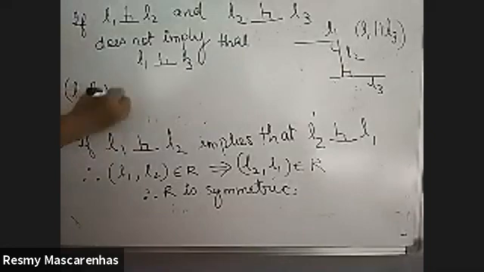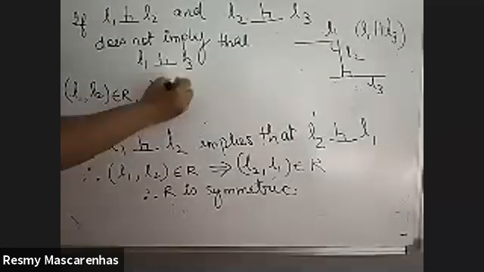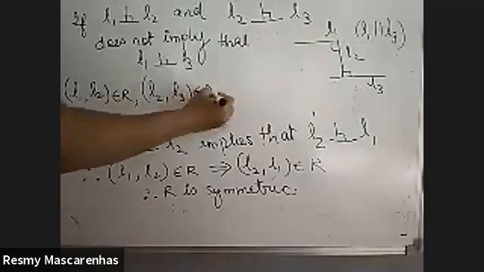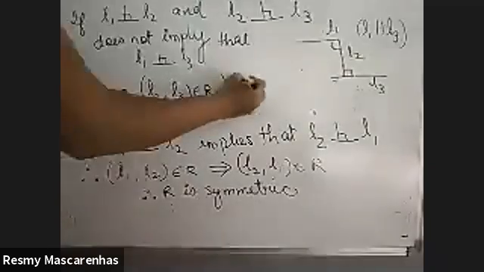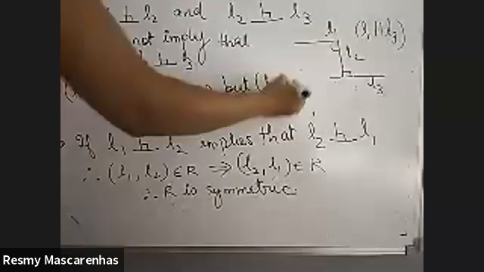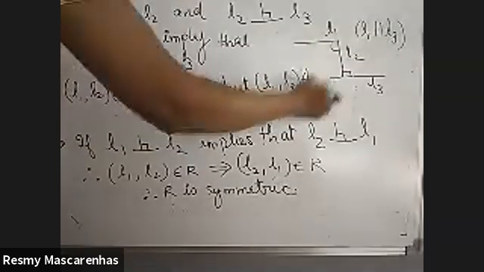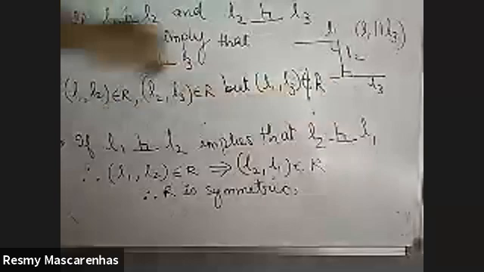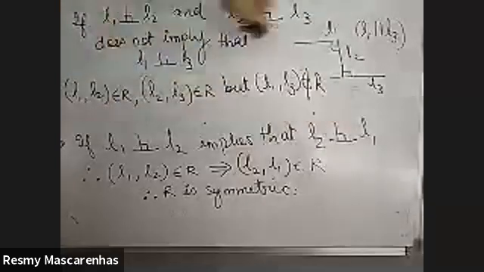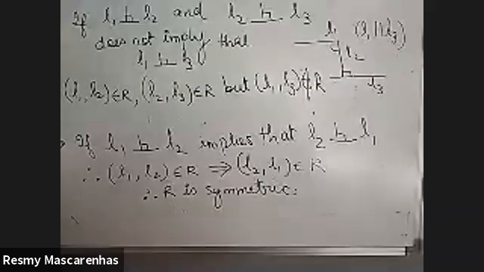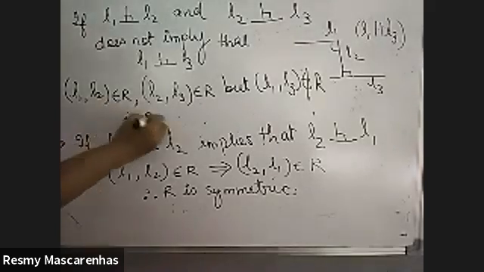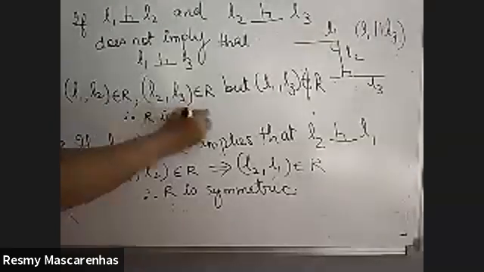So that's why you write L1 comma L2 belongs to R, L2 comma L3 belongs to R, but L1 comma L3 does not belong to R. L1 and L3 are not perpendicular, so you should say does not belong to R. Therefore, R is not transitive.